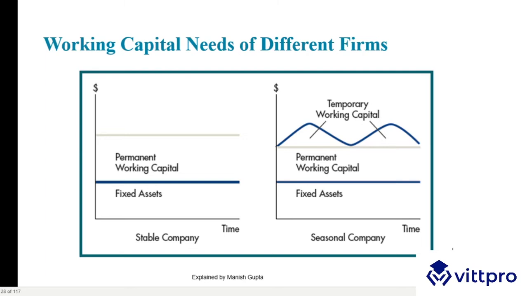Because they need to keep on investing into the business. When the high season comes, they have enough cash, so they don't need that much working capital. So it depends on the size of the company and also the nature of their business. The working capital requirement can be different in different phases of the business, different years, different months of the year.